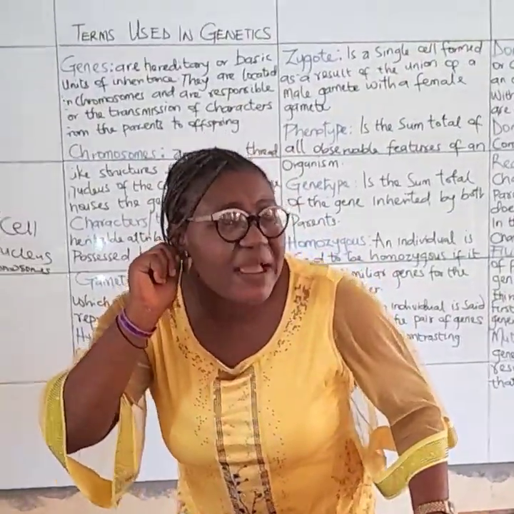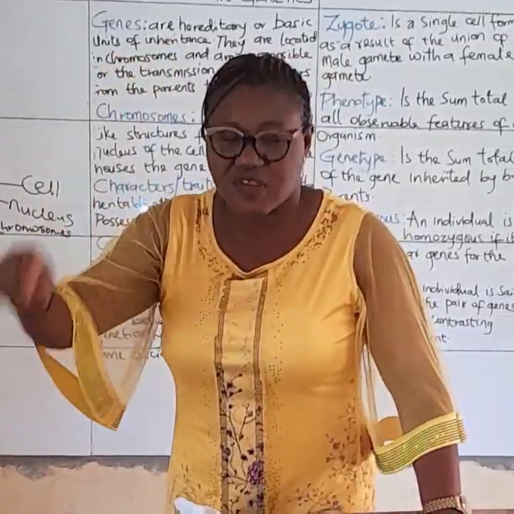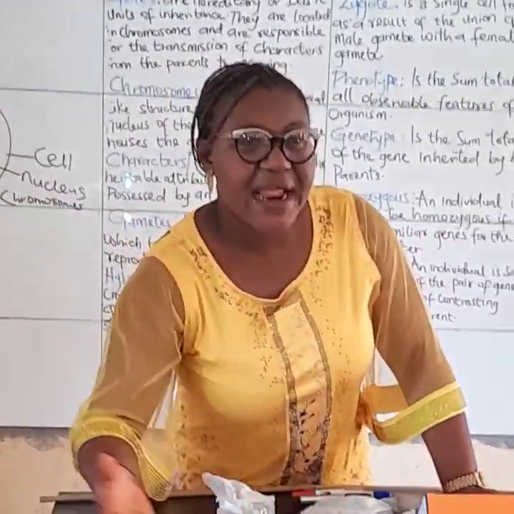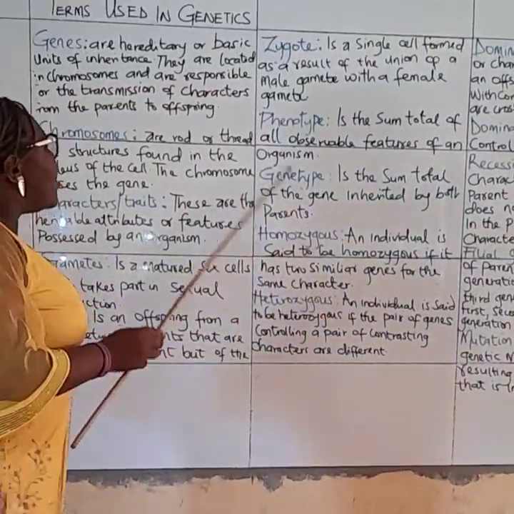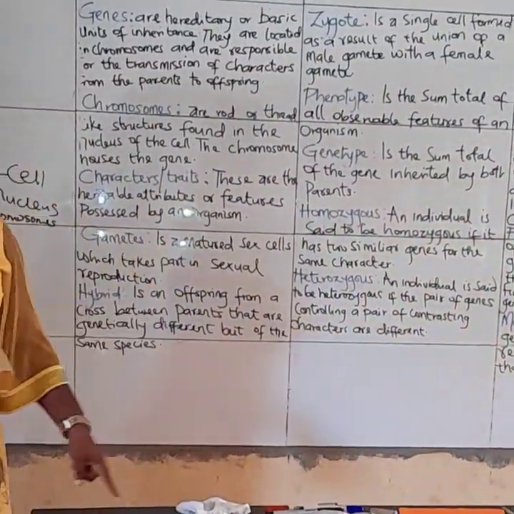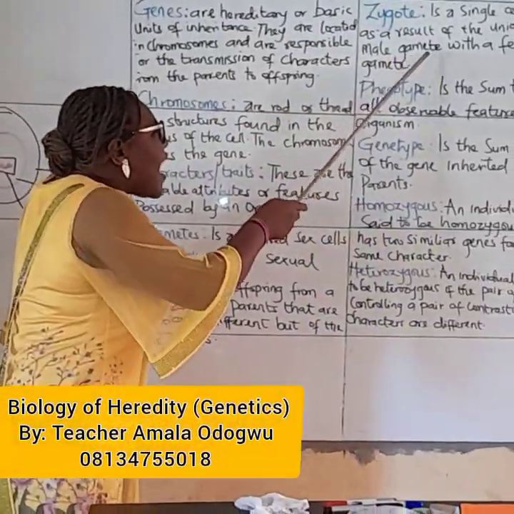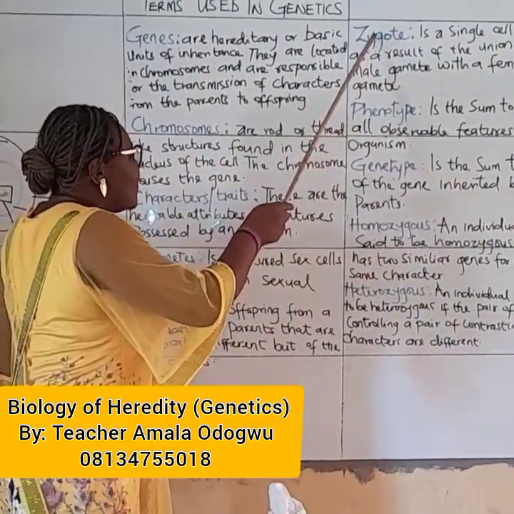Please take note, it is not an embryo. They will first of all form a zygote, which will later develop into an embryo. So a single cell that is formed from the fusion of the male gamete with the female gamete is what we call what? Zygote.